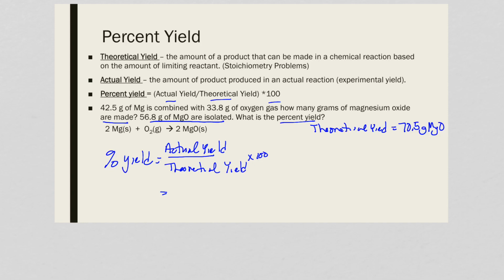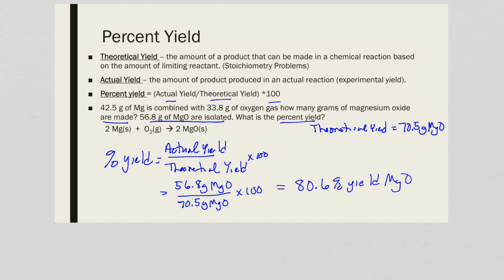We got 56.8 grams of magnesium oxide divided by 70.5 grams of magnesium oxide times 100 equals, again, three significant figures, 80.6% yield of magnesium oxide.